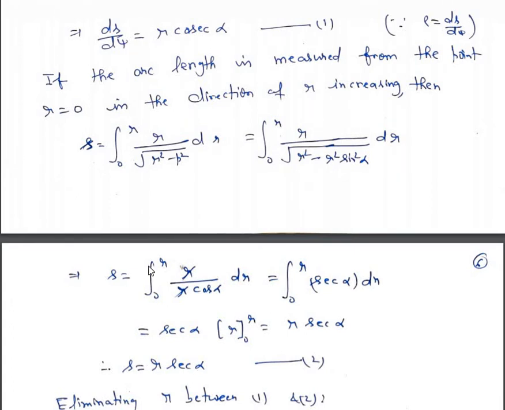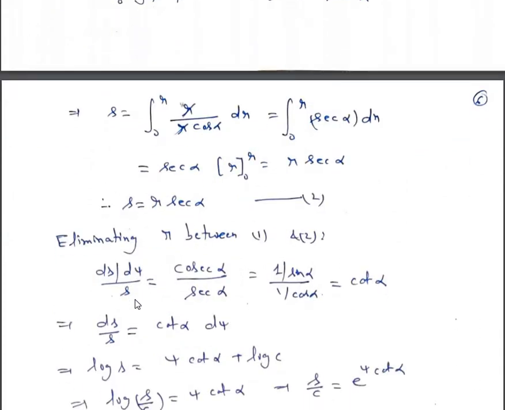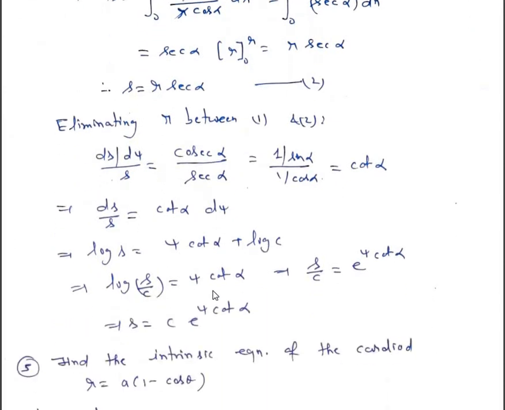Now divide 1 by 2, we have ds upon d psi upon S is equal to cosec alpha upon sec alpha, which is 1 upon sin alpha divided by 1 upon cos alpha, that is cot alpha. So therefore from this equation we have ds upon S is equal to cot alpha into d psi. Now integrating, we get log S is equal to psi cot alpha plus log of c.